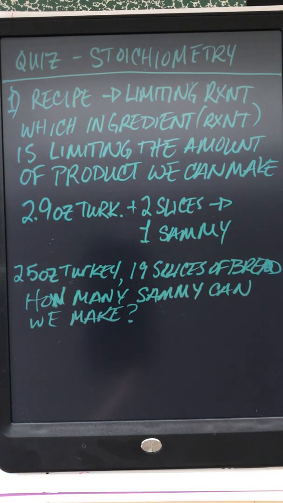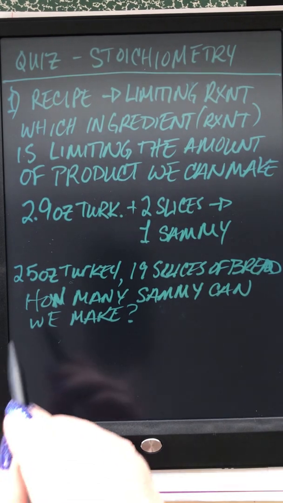So, in thinking about this as being a limiting reagent problem, we have 2 ingredients, right? And we have X amount of each one of those ingredients. So what we want to do is figure out how to turn those into sandwiches, right?